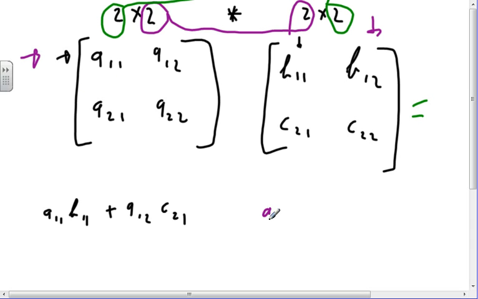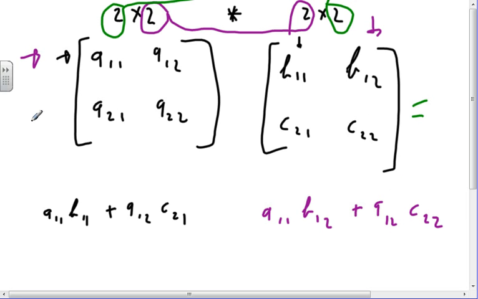I'm going to get A11 B12 plus A12, C. Why did I put C's down there? I have no idea. Anyway, that's just another element.